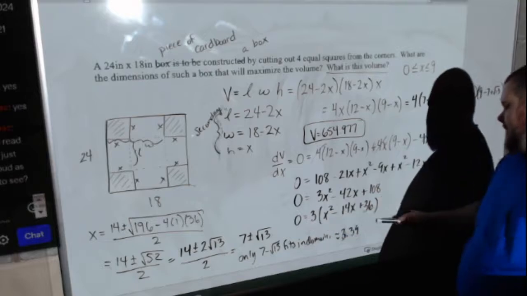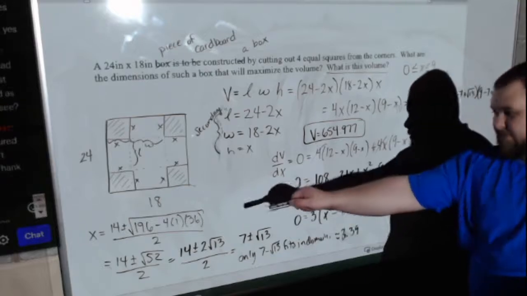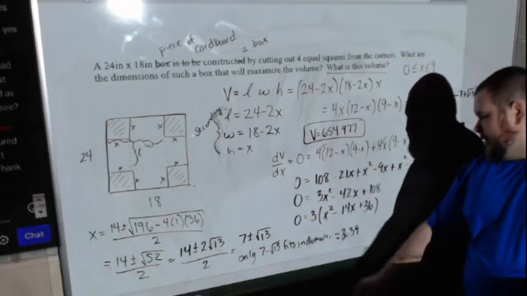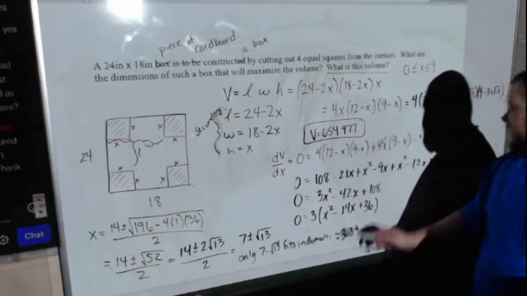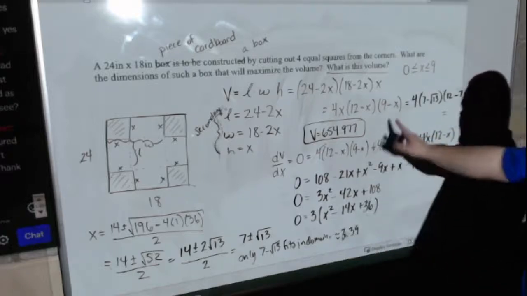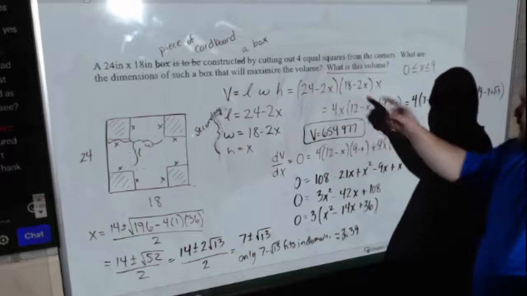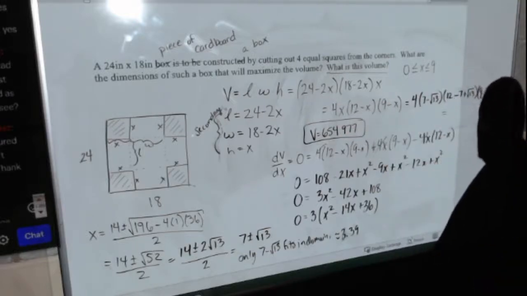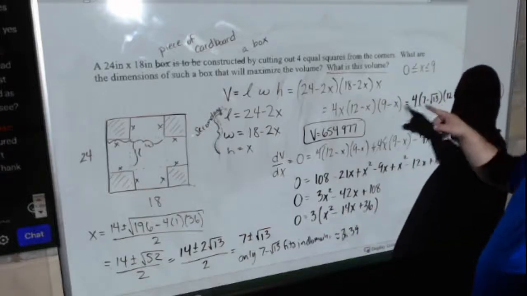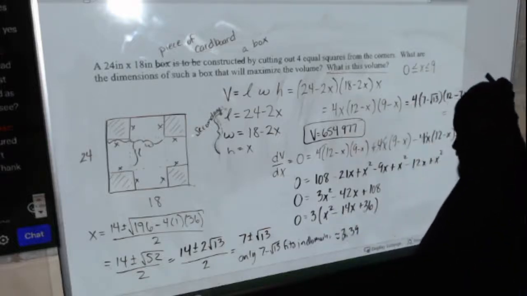I took this and solved with the quadratic formula, and figured that only one of these fits in the feasible domain that we came up with, which was from this equation here. You would have gotten the same thing had you tried to do it here. And then finally I just took that, plugged it in here, and got my volume.